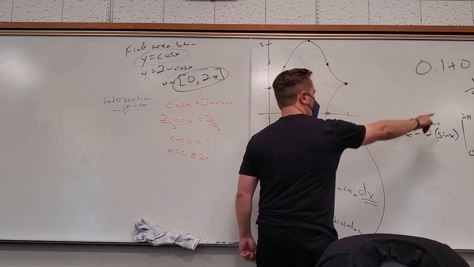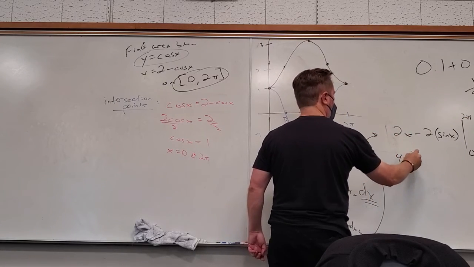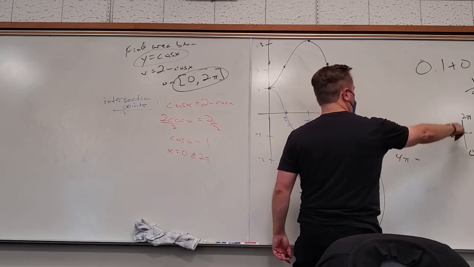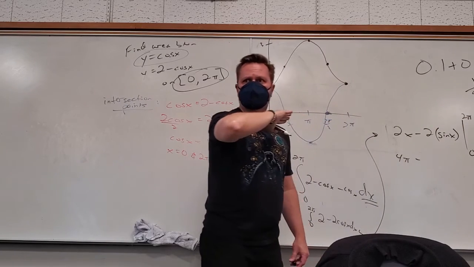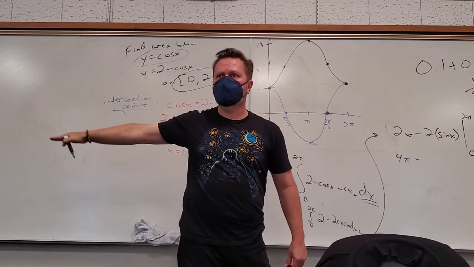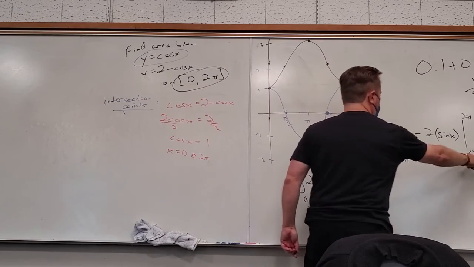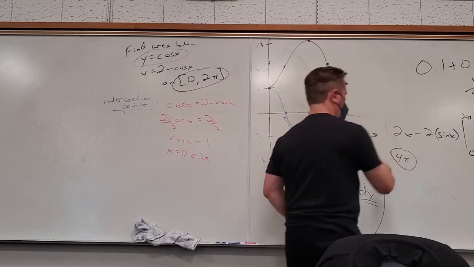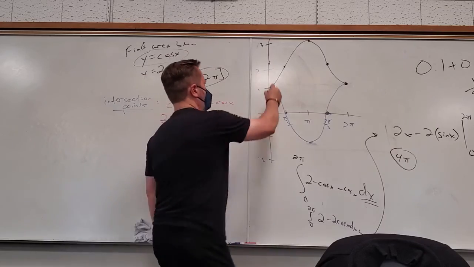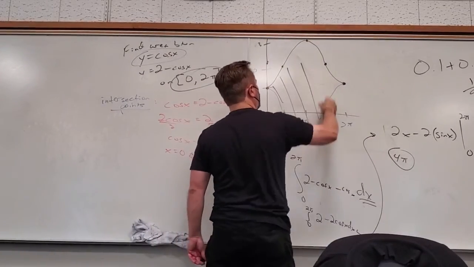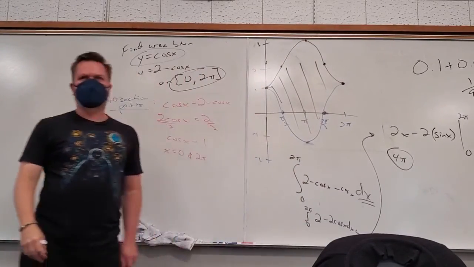So I get 4 pi minus 2 times sine of 2 pi, and sine of 2 pi is 0. And when I plug 0 in, 0, so I get 4 pi. That's neato. So the area of this open mouth is 4 pi.